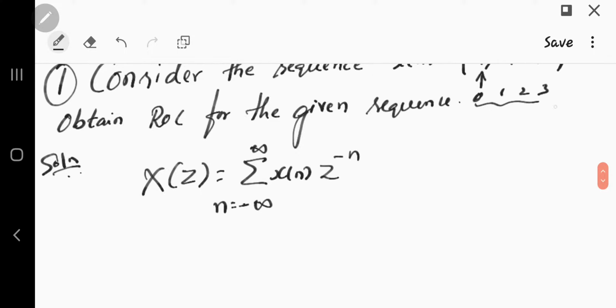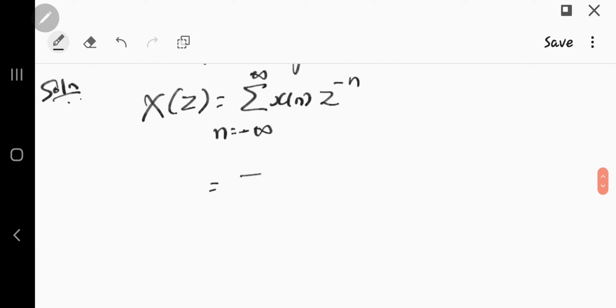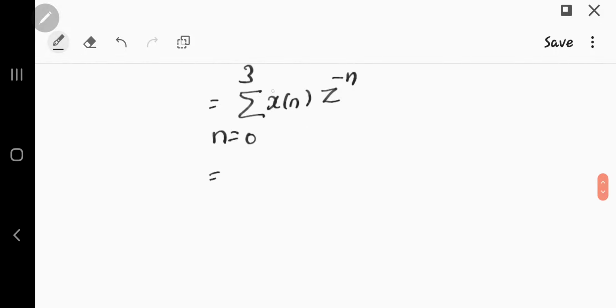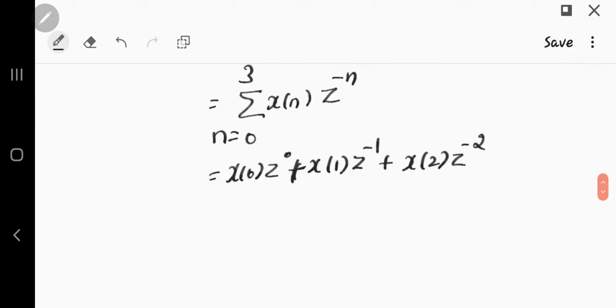Since the signal is present from 0 to 3, the limit changes from n equal to 0 to 3, x of n z to the power of minus n. Now if you expand this, x of 0 z to the power of 0, plus x of 1 z to the power of minus 1, plus x of 2 z to the power of minus 2, plus x of 3 z to the power of minus 3.